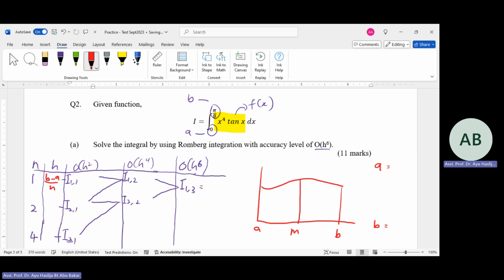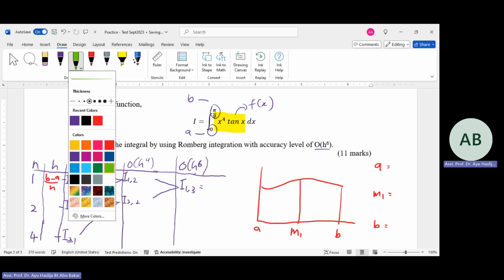You will have midpoint number 1, so that data you require. For H, same equation, you will get a different value of H.